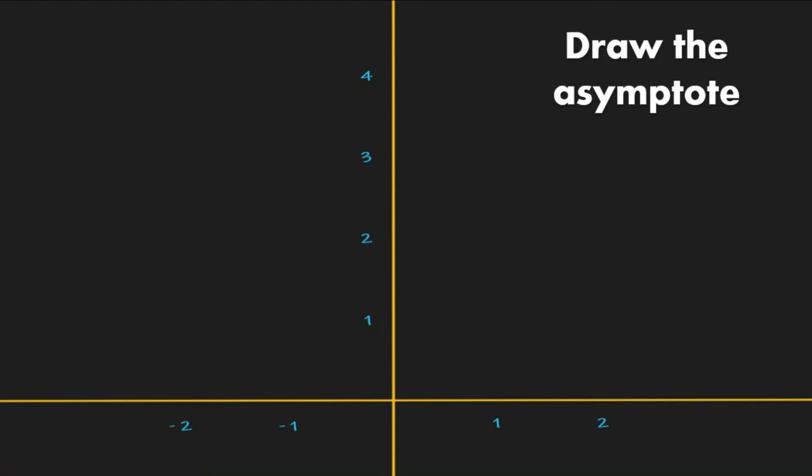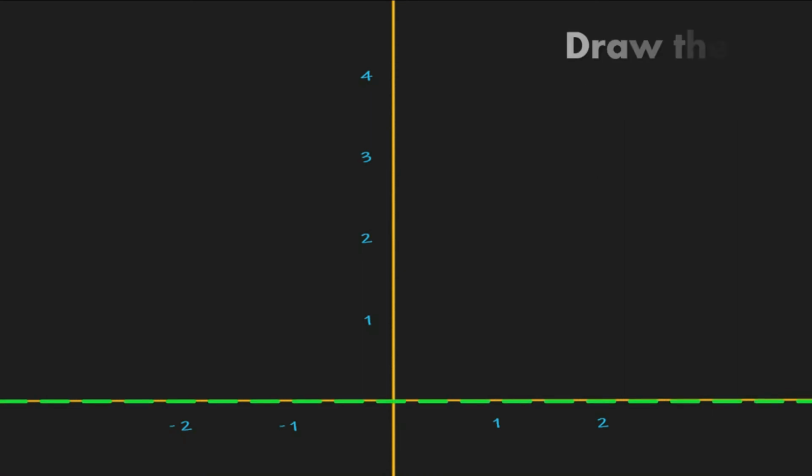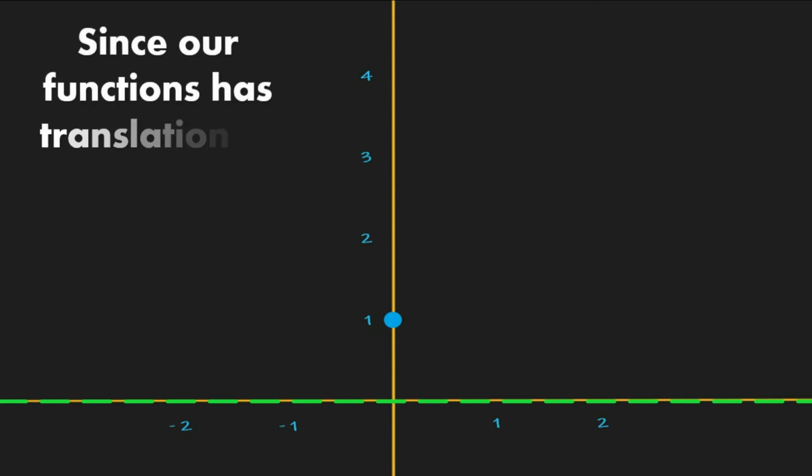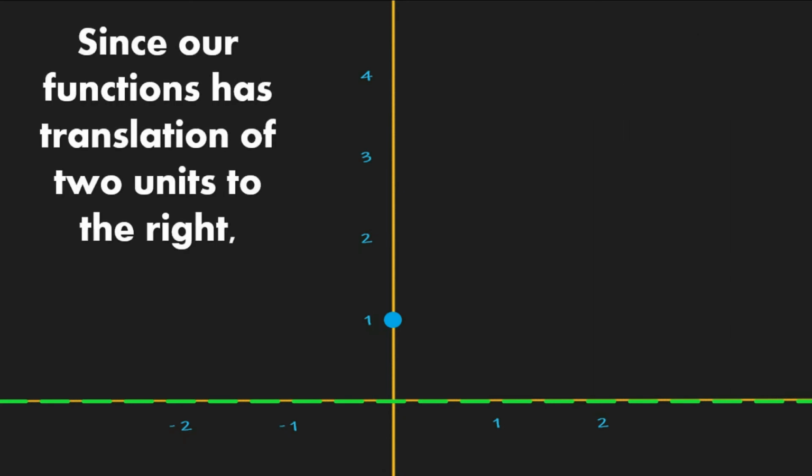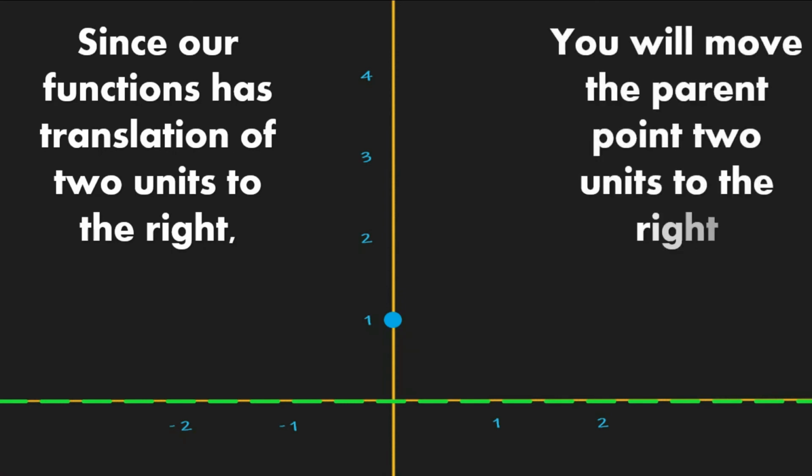So, you will draw the asymptote first. Again, that is the x-axis. Draw the parent point. Pag sinabing parent point, that is 0, 1. Since our function has translation of 2 units to the right, you will move the parent point 2 units to the right. Paano yan?